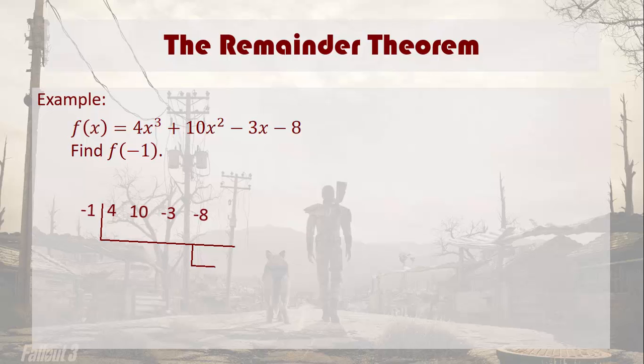Bring the coefficients in the box, put -1 on the outside, and it should look like this. There you go. The remainder theorem tells us that f of -1 is 1. So there'll be some problems where they ask you to find the value at x equals whatever. This is the way you do it. Use the remainder theorem for it.